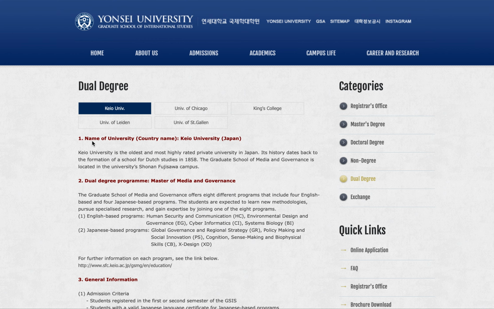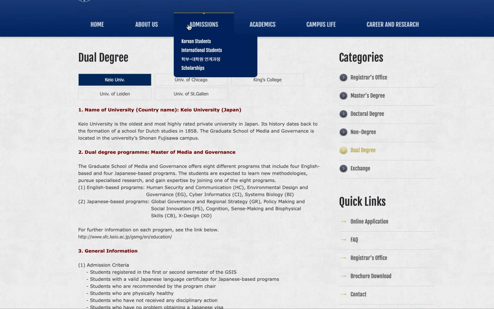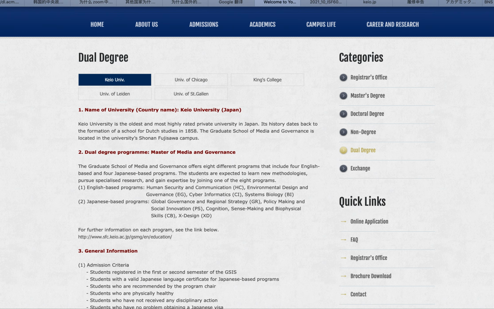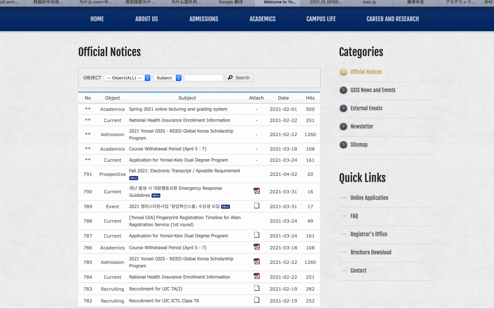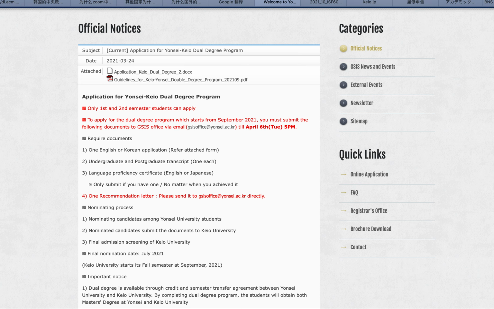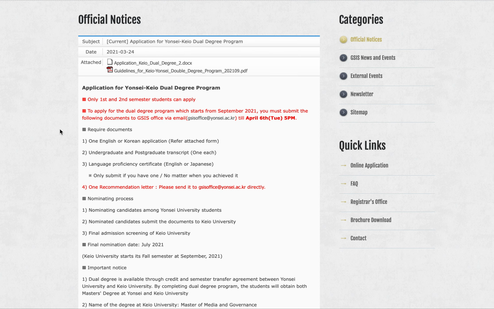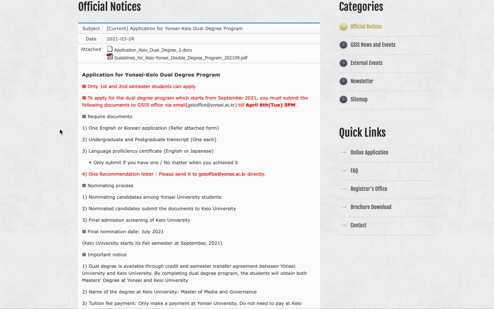And now let's look at how to apply for it. Yeah. You can search for the official notice on the Yonsei GSIS official website.